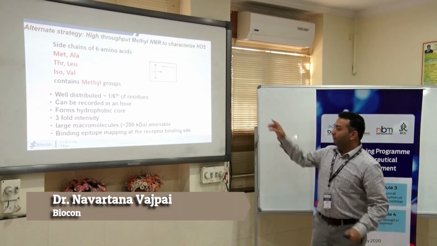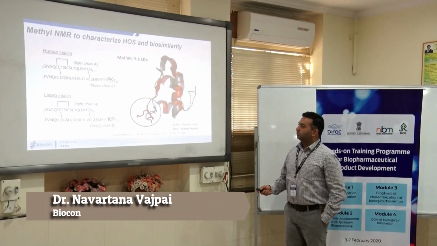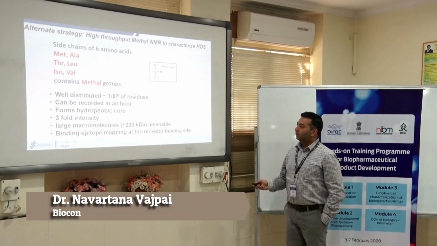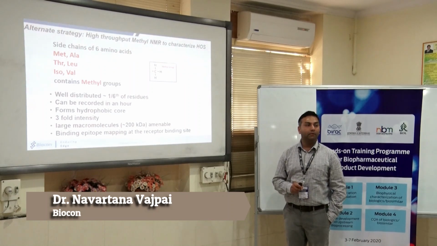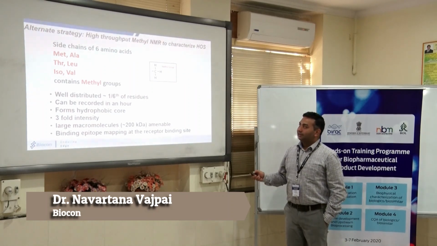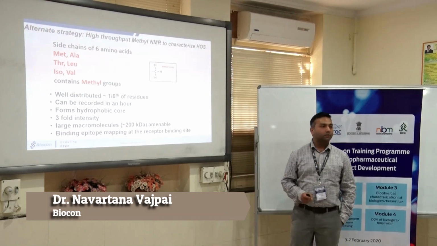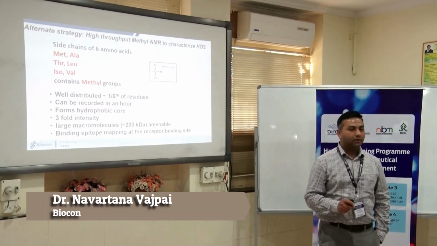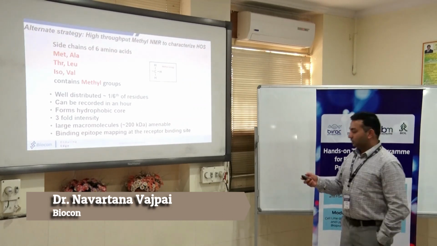So I actually have a fantastic tool, and as I said, this can also provide information on the binding epitope, which is extremely important. Now, this is one of those techniques which can work up to 200 kilodaltons. Otherwise, most NMR experiments don't apply to large molecules.